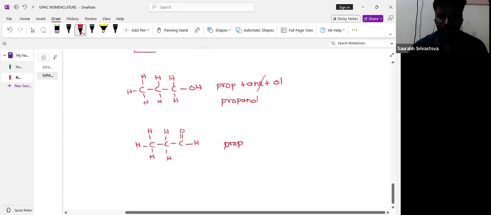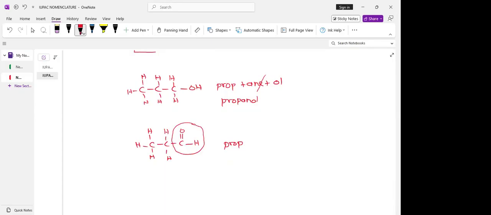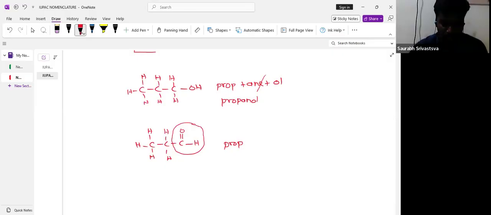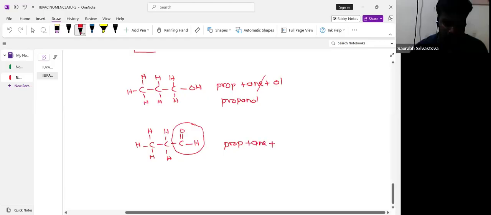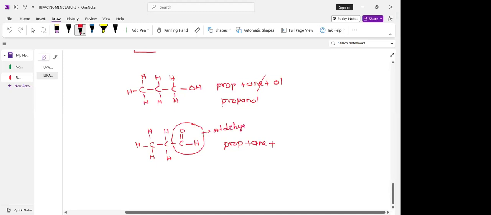And this group, what is it? AL. In between the carbon and carbon, everything is a single bond, so it is ane. And next, what is the functional group? AL. Aldehyde. Correct. Aldehyde.